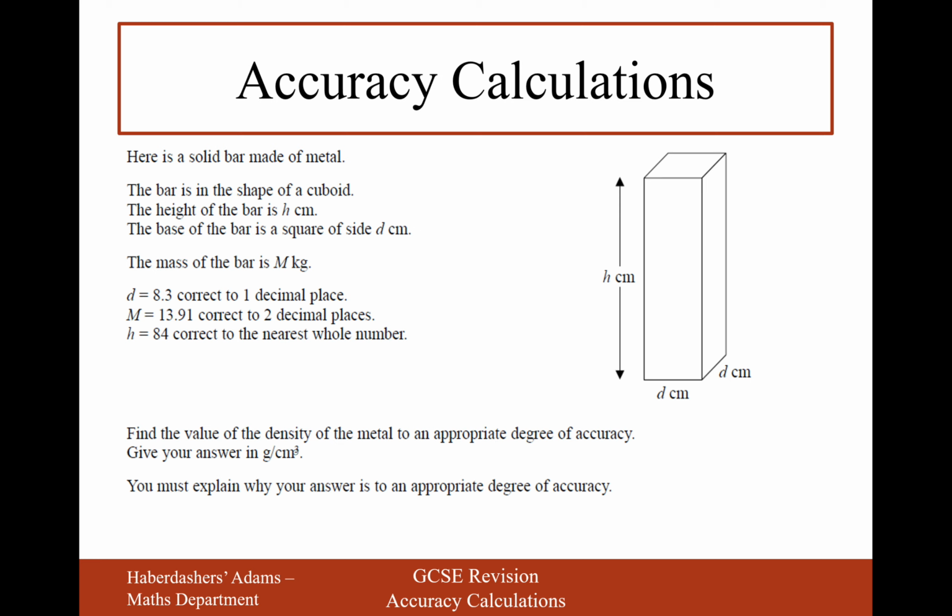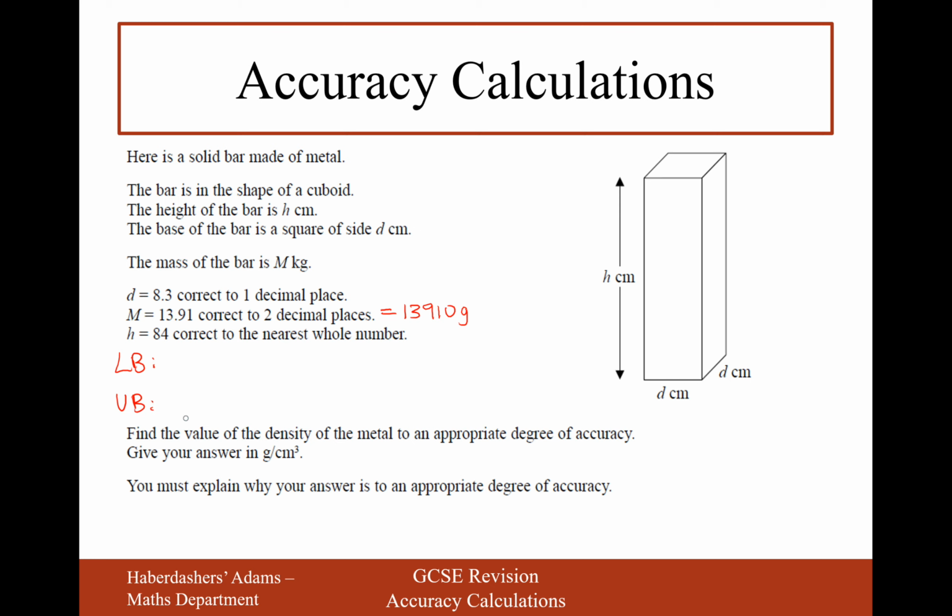So given that it's grams per centimetre cubed, that's given me a clue that I'm going to be doing mass divided by volume. Actually, it's mass in kilograms, so this mass here is going to be 13910 grams. I need to remember that, divided by centimetres cubed, so that would be the volume of the shape. So what we need first is a lower bound and then an upper bound.